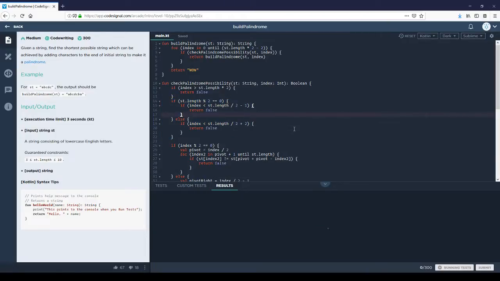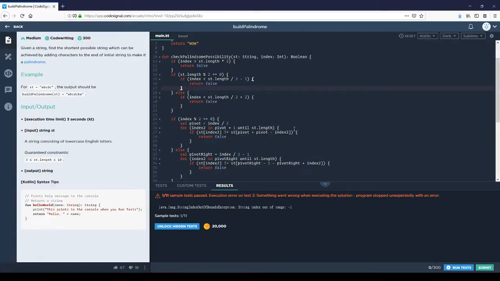We want every item to be tracked, but in the meanwhile, we don't want an index out of bound exception, which I actually ran into. That's -1, so it's probably here. Index smaller than this is the length. 4 divided by 2 is 2.